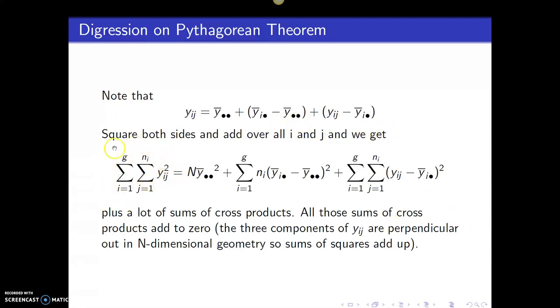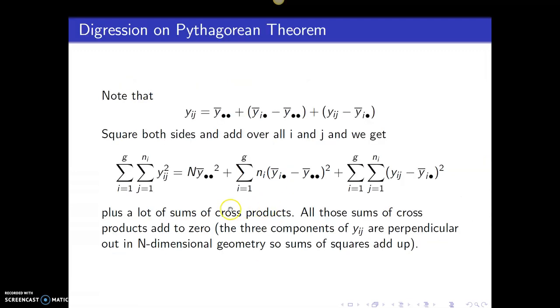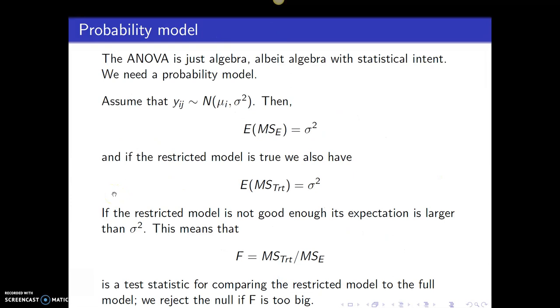This is the overall grand mean sum of squares, the treatment mean sum of squares, and the error sum of squares. So this is the equality that we make use of in this ANOVA table. So noticing that all of these give us that left-hand side, the ANOVA just makes use of algebra, okay?